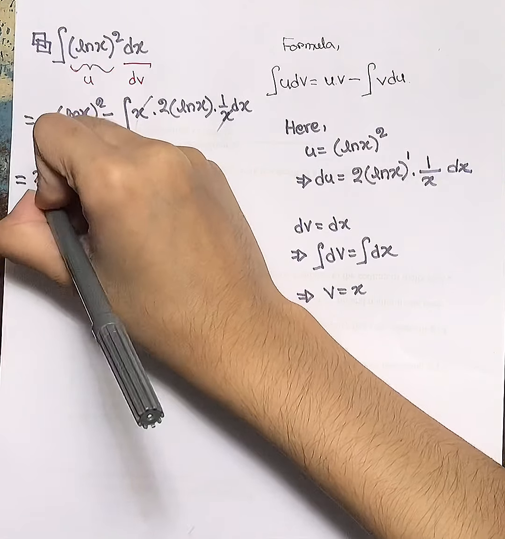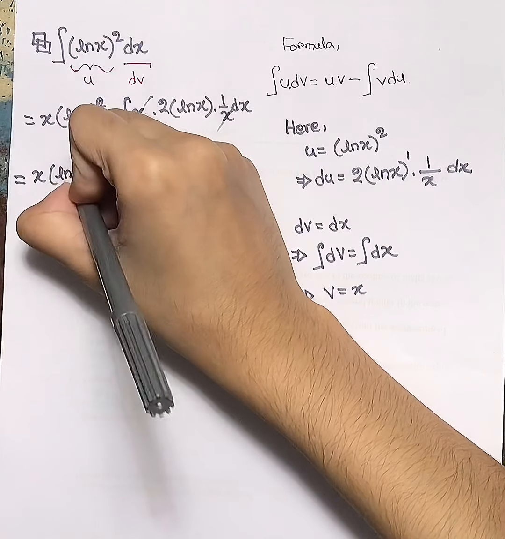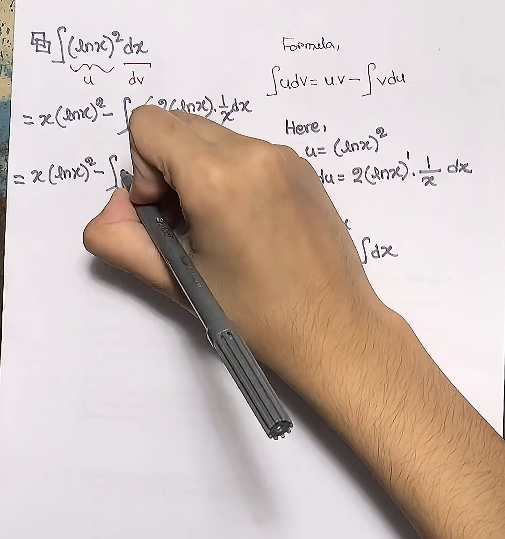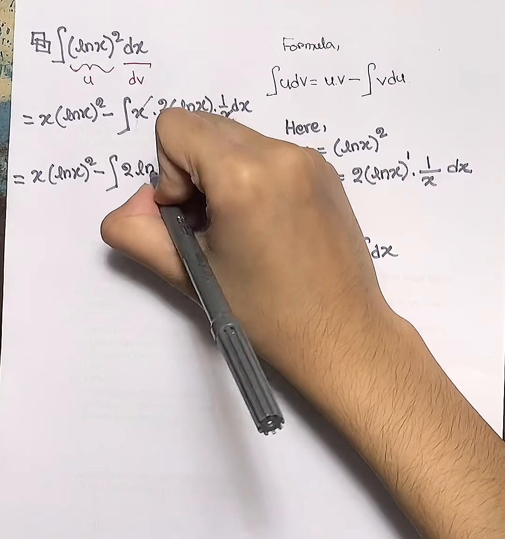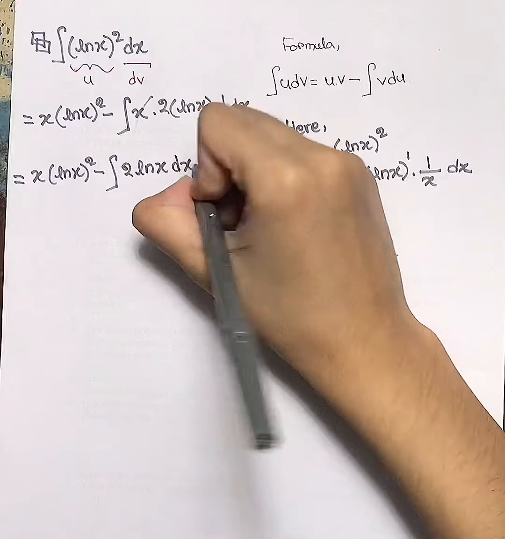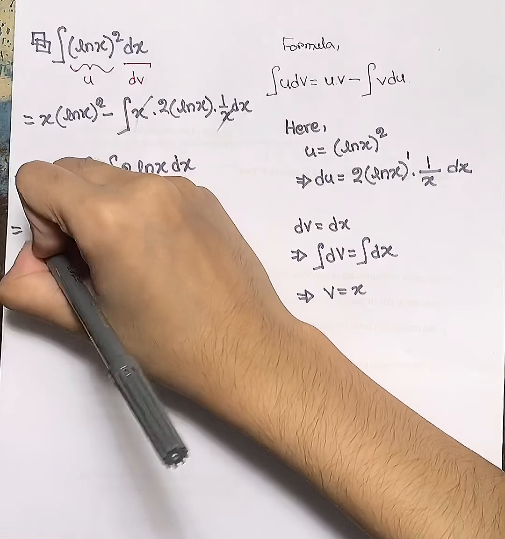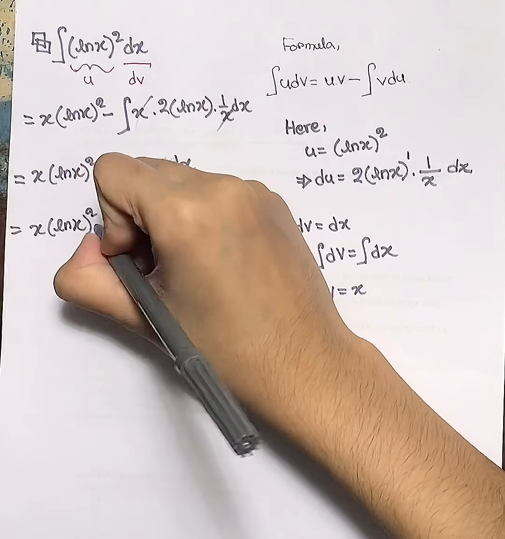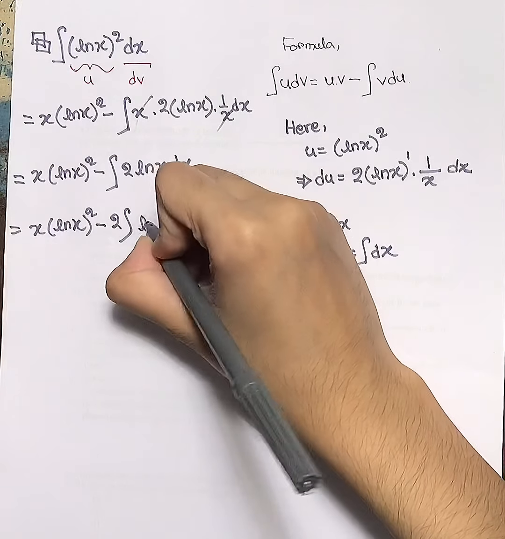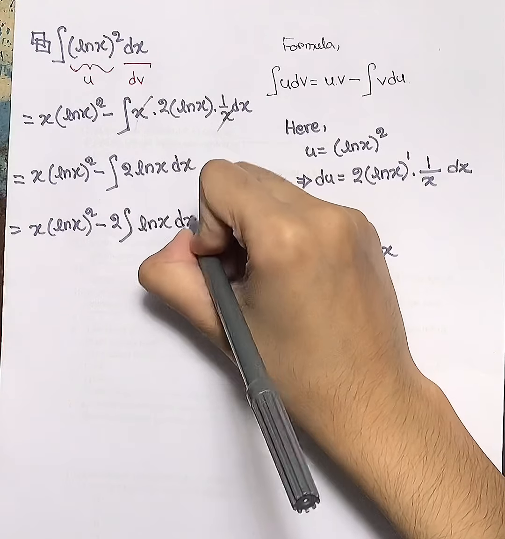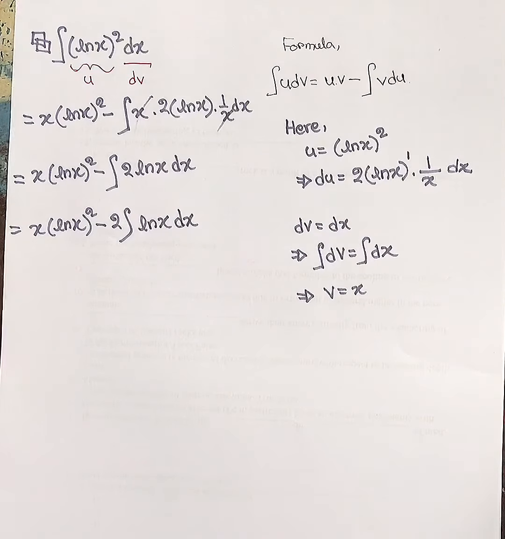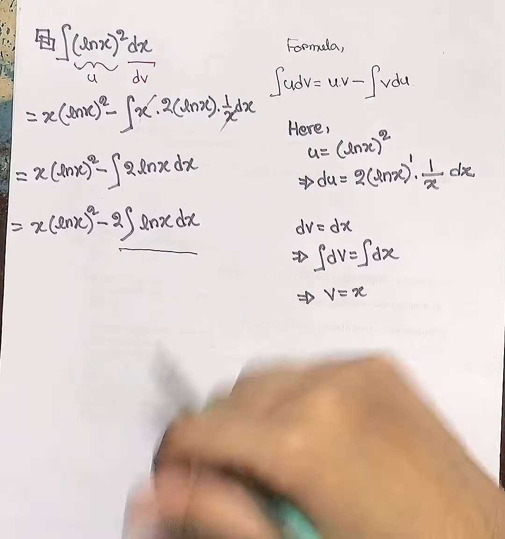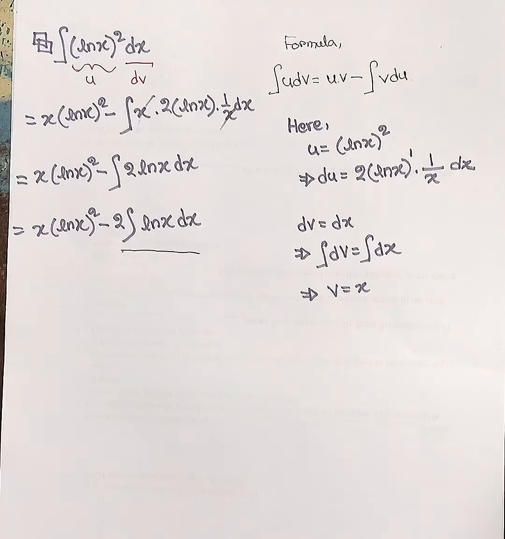So I will have x into (ln x) whole square minus integration of 2 ln x dx. If I rewrite it, I will have x into (ln x) whole square minus 2 integration of ln x dx. For this part, I need to reapply the formula of integration by parts again.